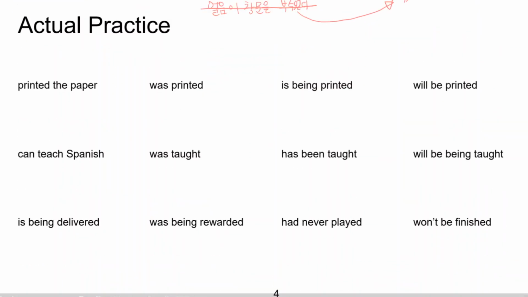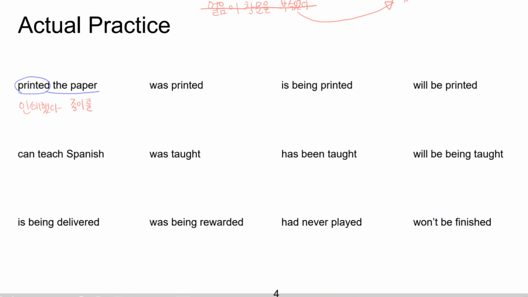Let's move on to the actual practice here. So we have some verb bits, and we're gonna translate them into Korean in 100% correct ways. So we have "printed paper." We have the verb printed. Underline or no underline? Yes, underline. Right? So printed here means 인쇄했다 종이를.